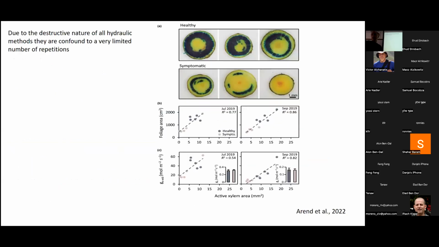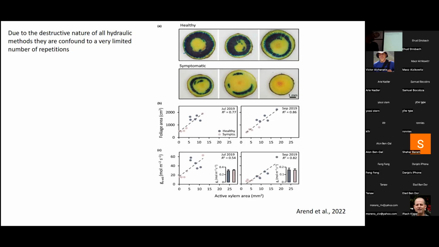Now, the funny thing is that there's not really much evidence that it is cavitation under natural environments that kills trees. We can test it in pots, in the greenhouse or in the growth chamber, but it's very difficult to measure cavitation out there. This is an example from one of our measurements of how to know that cavitation took place. You take shoots from the forest and perfuse them with dye.